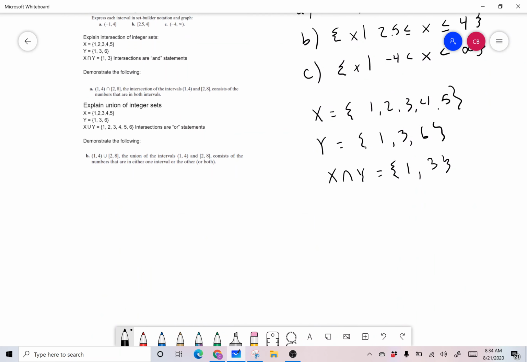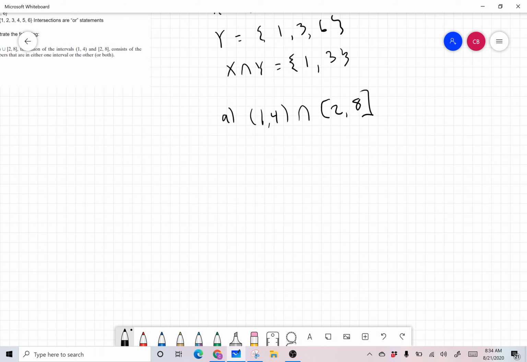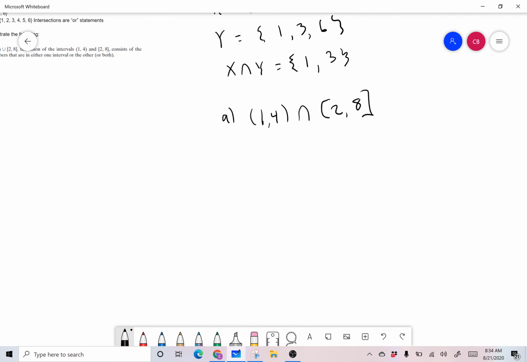So let's do the intersection of two sets. Part A, 1, 4 included, or I'm sorry, open, 2 through 8. And what I'm going to do in this example, I'm going to draw a number line. So over here we have 0.